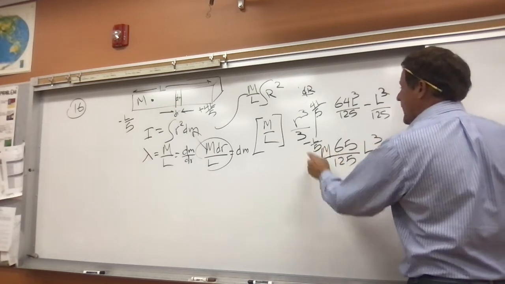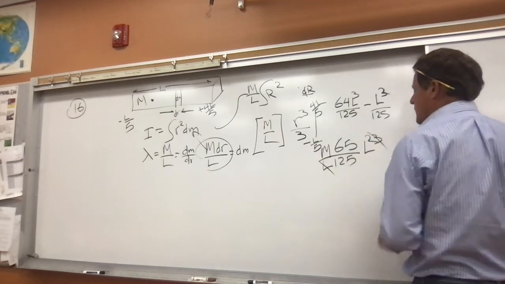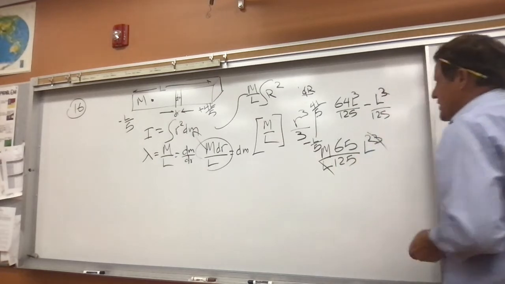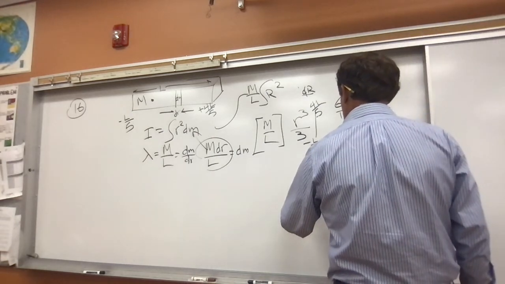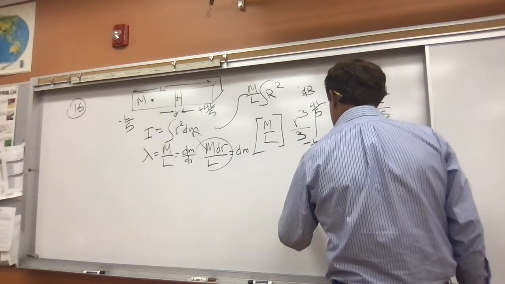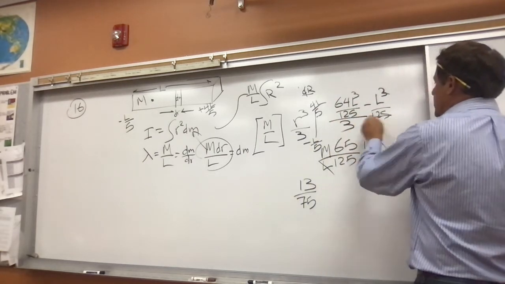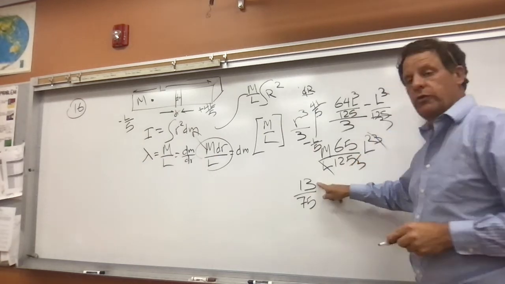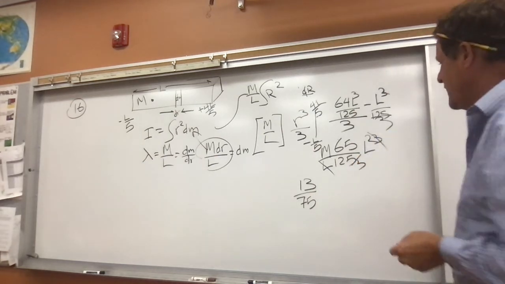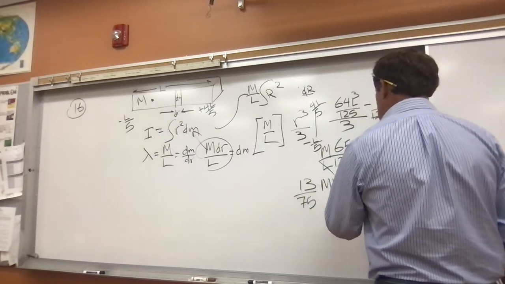We multiply that by our constants. One of those L's is going to cancel out. And we're going to get 13/75. Oh, we forgot to divide this by 3. Divide by 3, divide by 3. This reduces down to 13/75 ML squared.